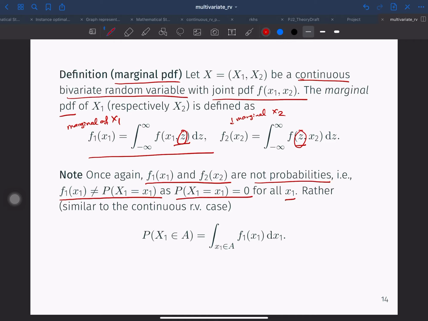Rather, similar to the continuous random variable case, the probability that X1 is in some interval or in some set A, which is a union of intervals, can be written as the integration over that set of the marginal PDF. So this is once again reducing it down to the same probability calculation as in the univariate random variable case.